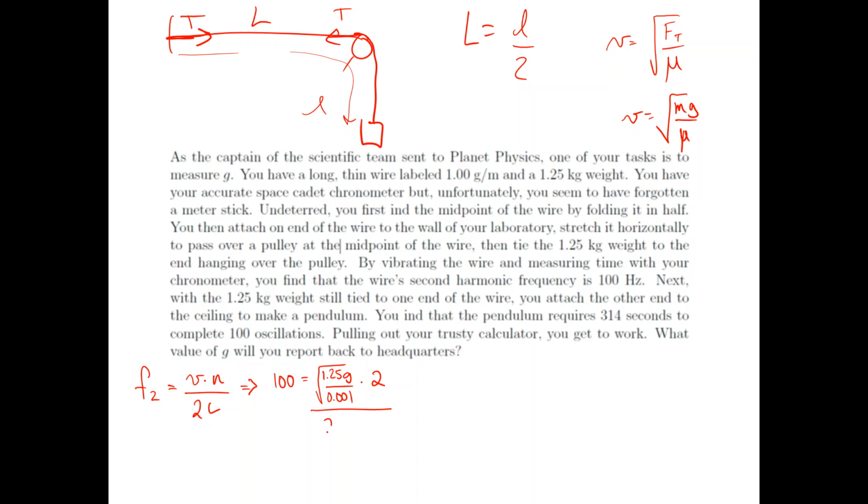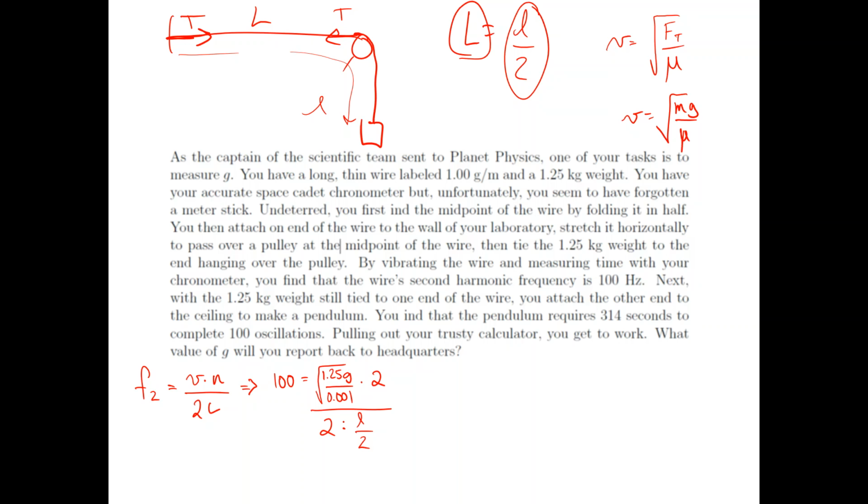All that divided by 2 times L, and our big L is actually just little l divided by 2, so I'm going to put little l divided by 2. And I'm just using this as foresight because I know that later on, I'm going to need to use the whole length of the wire when I'm talking about the pendulum, because it says that there's a second experiment that the person did with the pendulum, right?